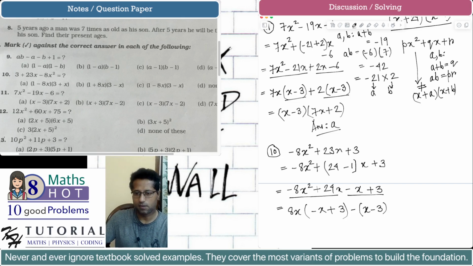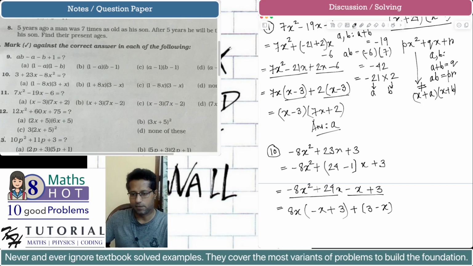Now we see the second group, it was minus x plus 3, it can be written as 3 minus x.